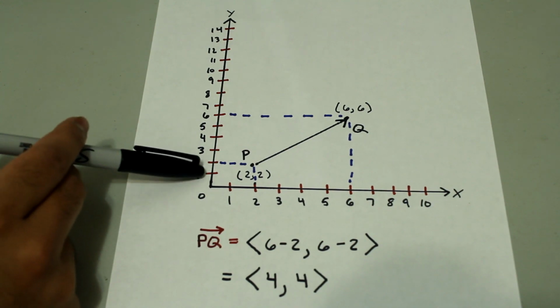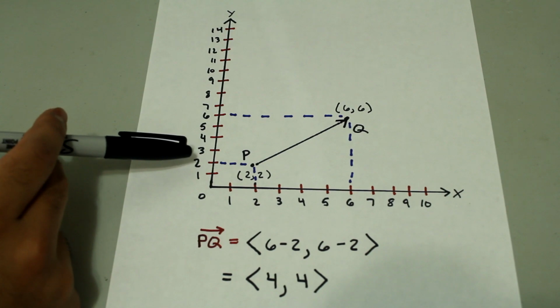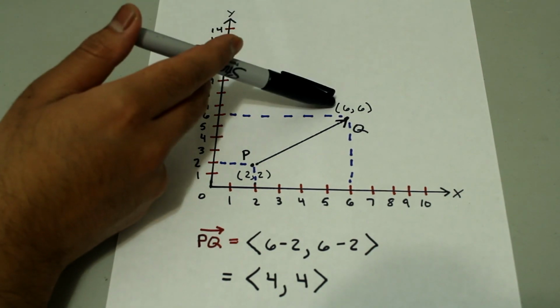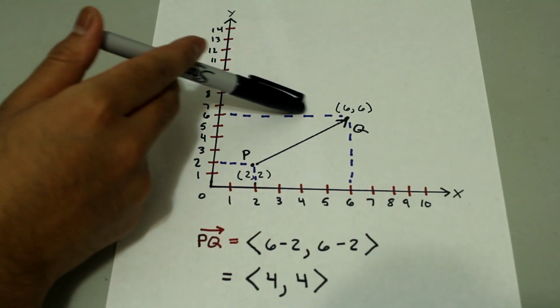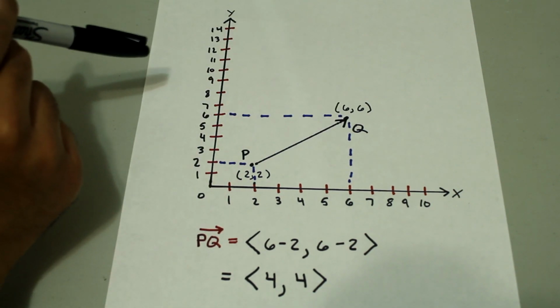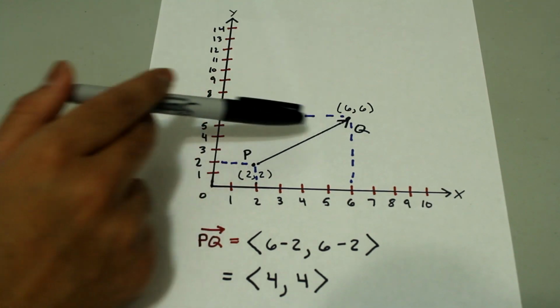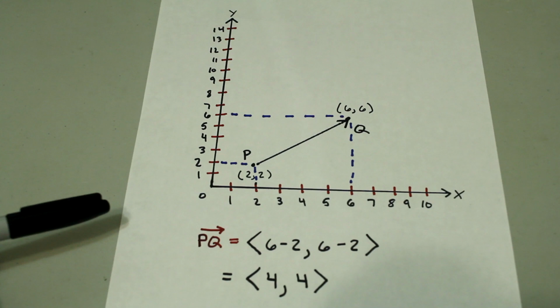So if we move 2 units to the right and up 2 units, we have our point P. Similarly, the coordinates 6, 6 tell us that we have to move 6 units to the right and 6 units up to get to our point Q. Once you can visualize this, understanding the component form becomes much easier.